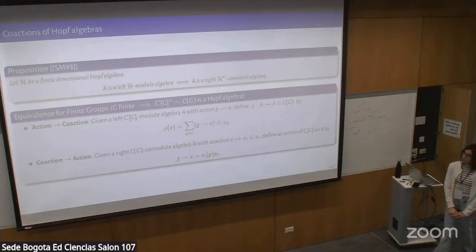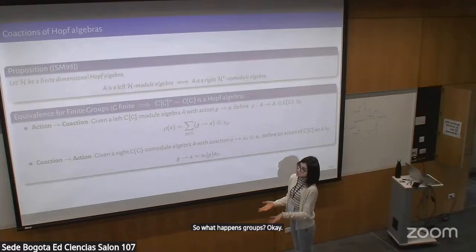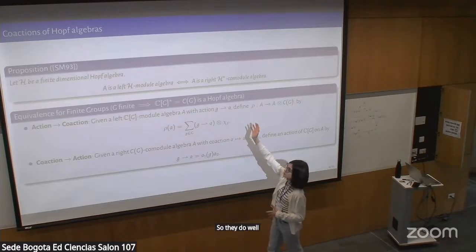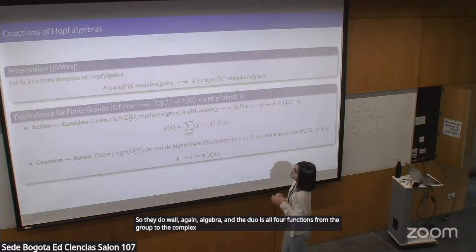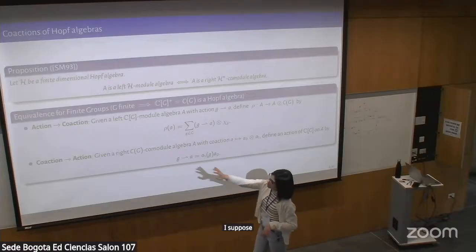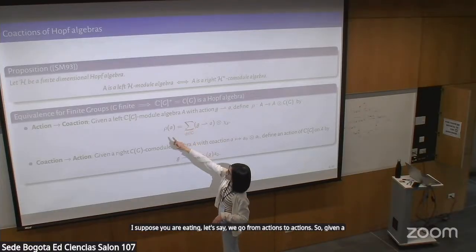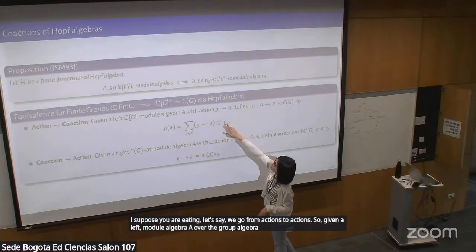So what happens in our case of groups? Okay, so suppose our group is finite. So the dual is again a Hopf algebra, and the dual is all functions from the group to the complex numbers. Suppose we go from actions to coactions. So given a left module algebra A over the group algebra, this would be the notation for the action.